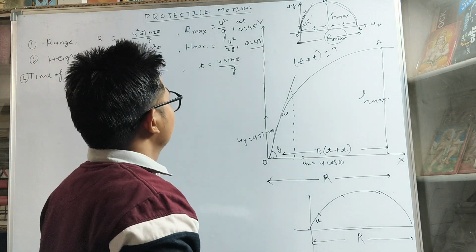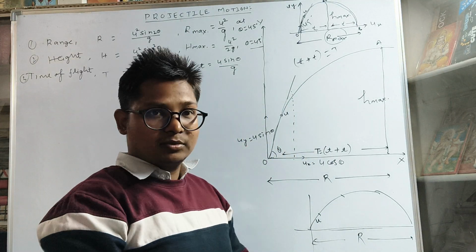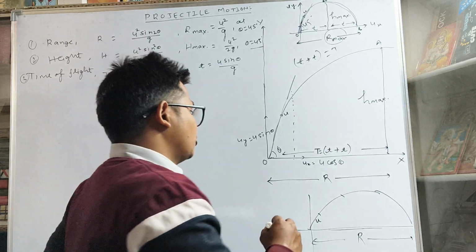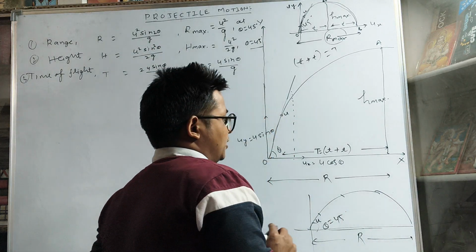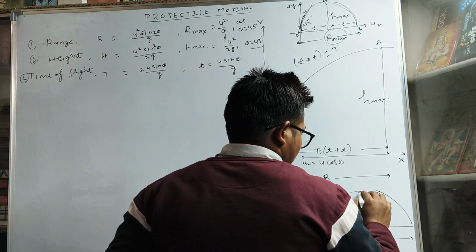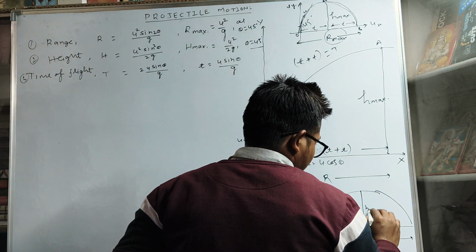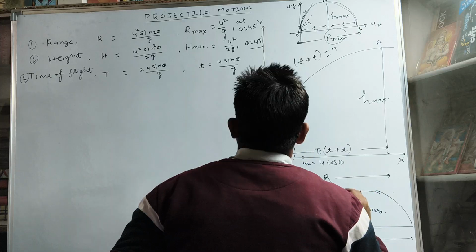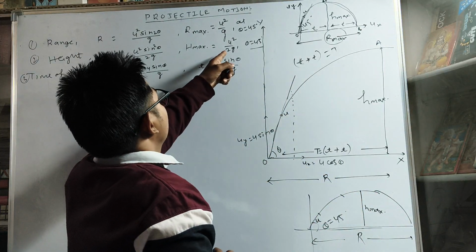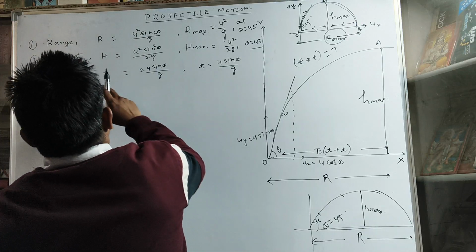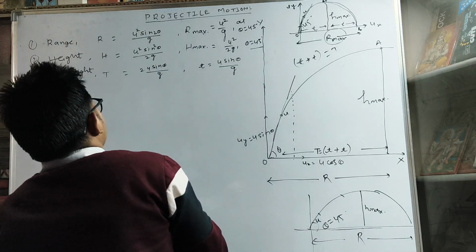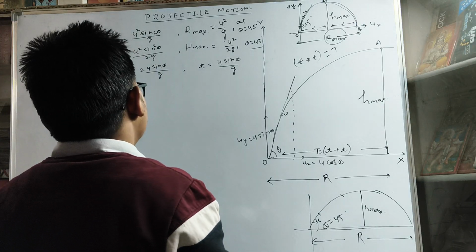If we have to obtain maximum range, then we have to throw the object at a 45-degree angle. The object attains maximum height, which is u square by 2g at 45 degrees. The formula of height is h equal to u square sin square theta by 2g.